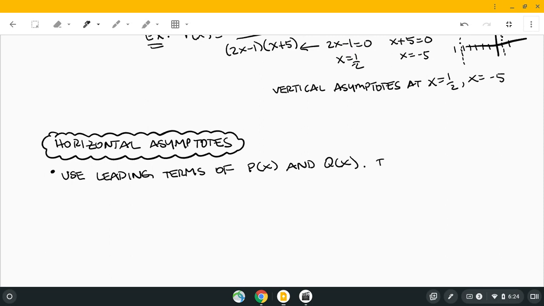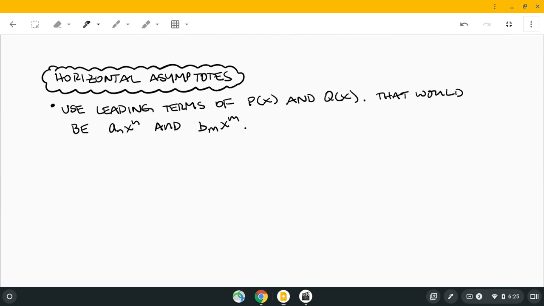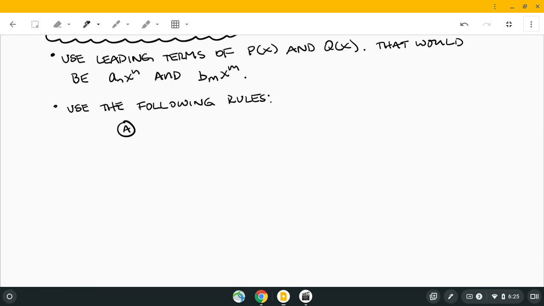That would be a_n x^n and b_m x^m. And then use the following rules.